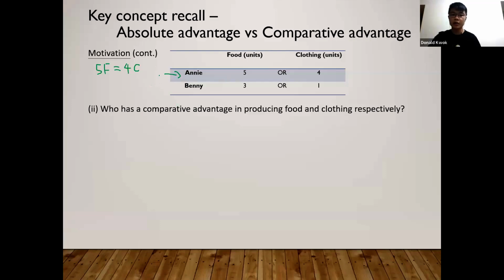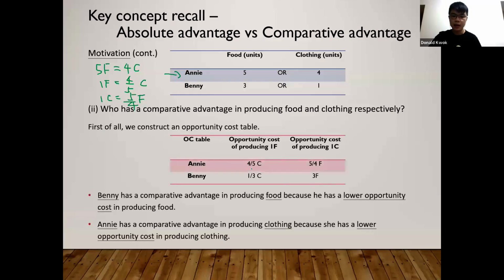So this is how we construct the opportunity cost relationship for Annie: 5F equals 4C. If we divide both sides by 5, then we have 1F equals 4/5 C. Or if we divide both sides by 4, then we have 1C equals 5/4 F. And this is essentially the information that I've put down about Annie.